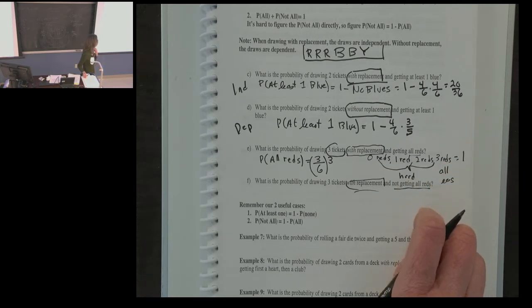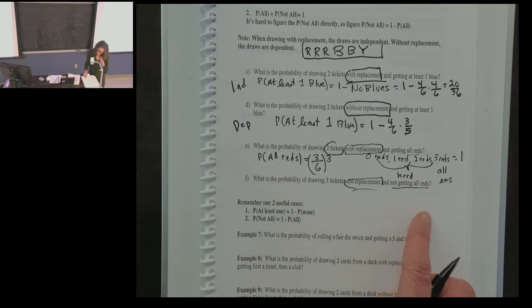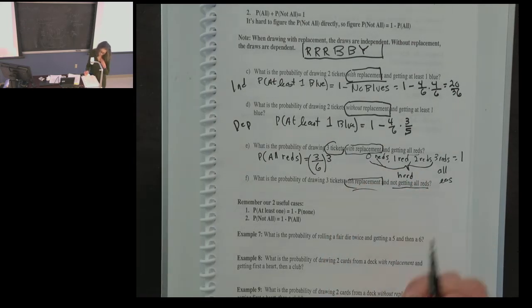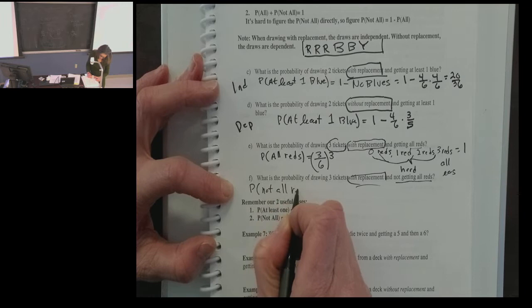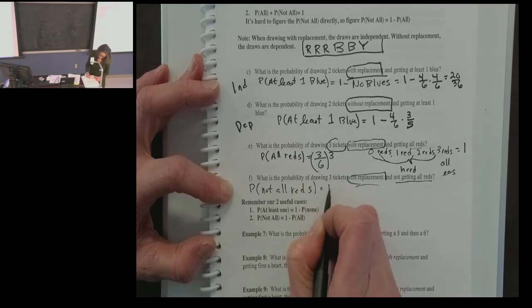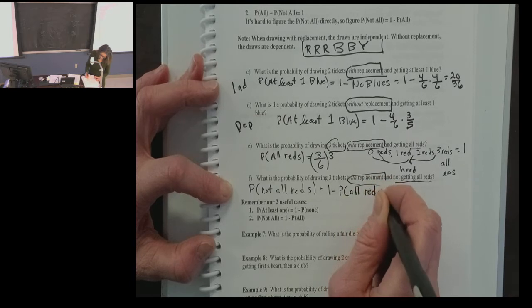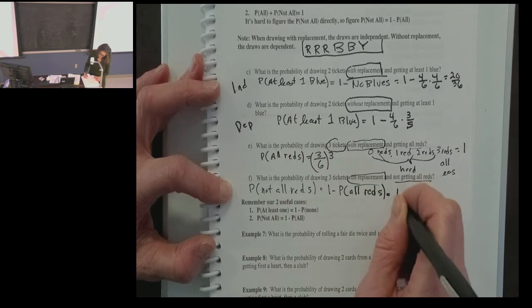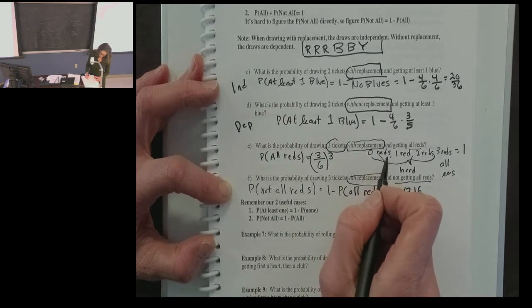So this one's all reds, and this one is hard. So you'd say the probability of not all reds is equal to 1 minus the probability of all, because otherwise you have to figure out all these possibilities.